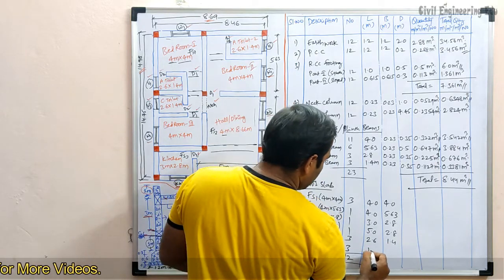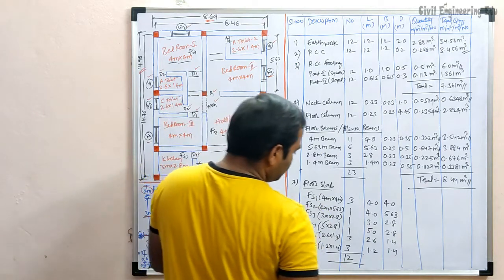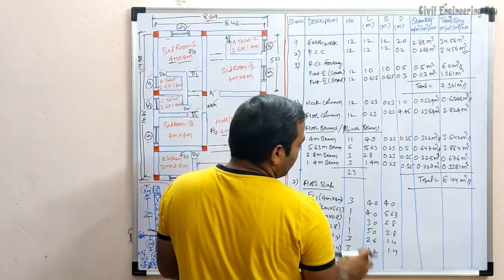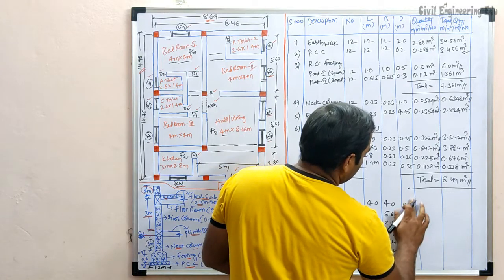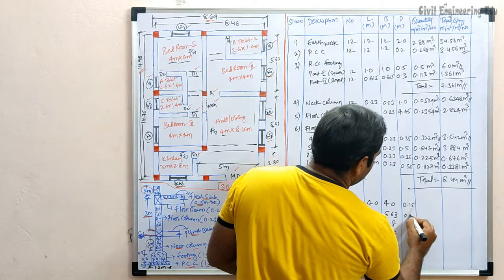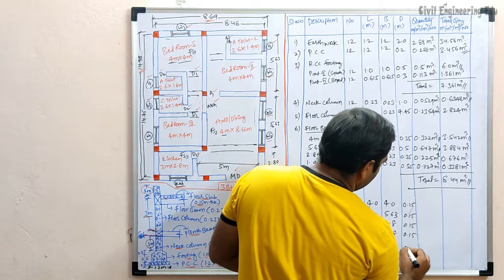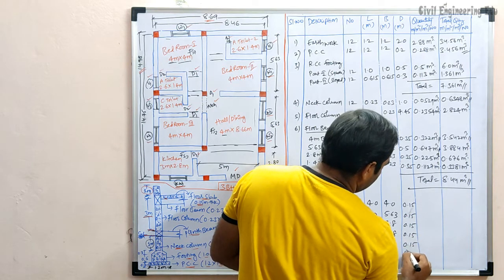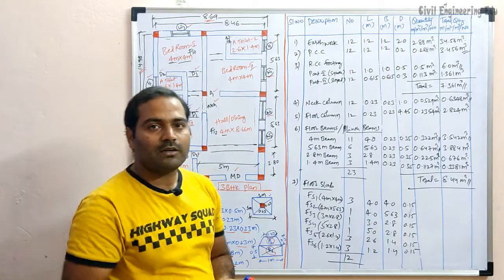The next one is 1.2 by 1.4. So these are the panel sizes, length and breadth. Now what is the slab thickness? It is 0.15. So these are the sizes of the different floor slabs.